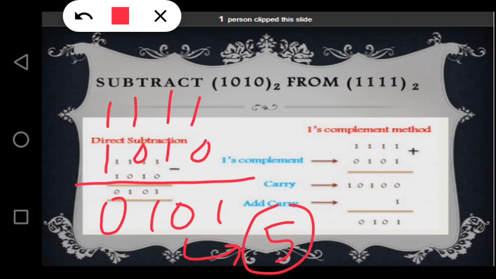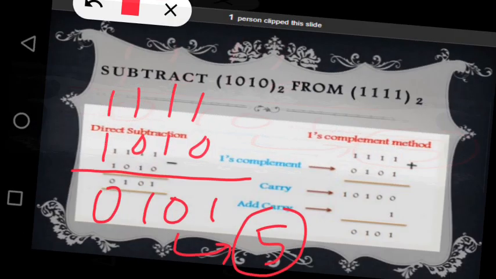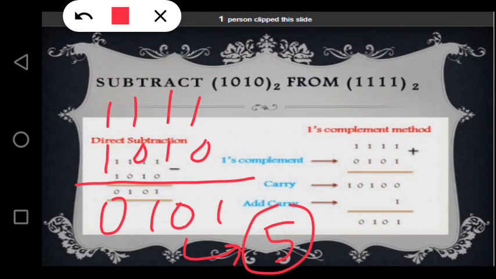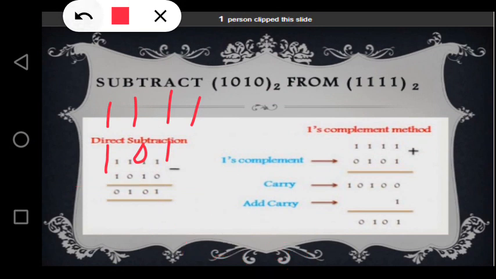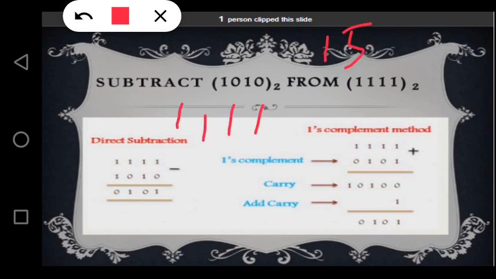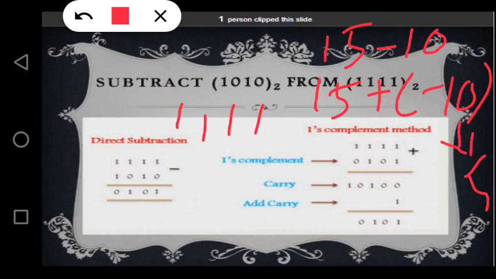The computer wants to do the same thing. If it follows the 1's complement method, it takes the number 1111 because I have to convert 15 minus 10 into 15 plus of minus 10. Minus 10 means the complement of 10.